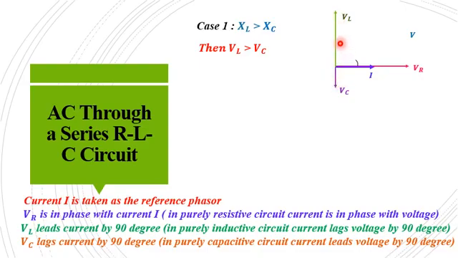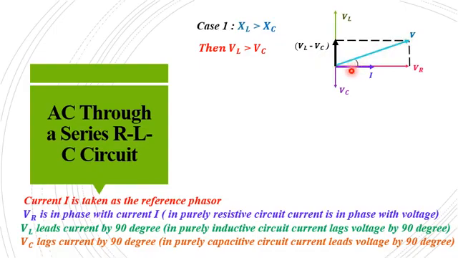Since VL is greater than VC, the VL minus VC vector can be drawn in the direction of VL, since both of them are opposite. Now the resultant voltage will be the vector sum of VL minus VC and VR. By using the parallelogram rule, the resultant voltage V will be the diagonal.